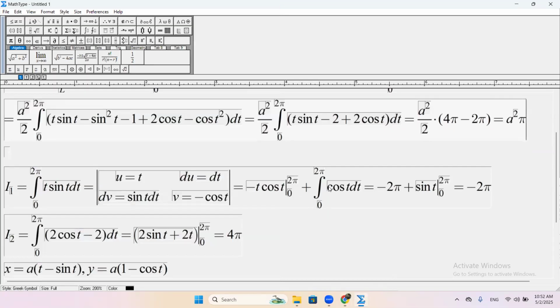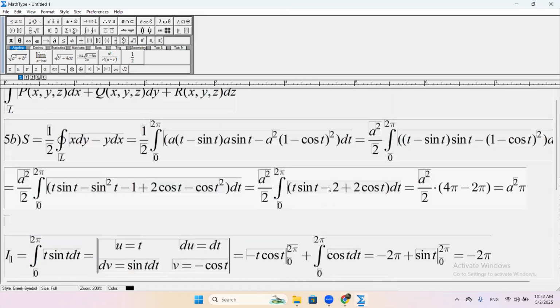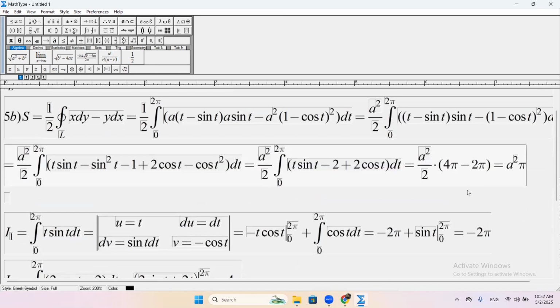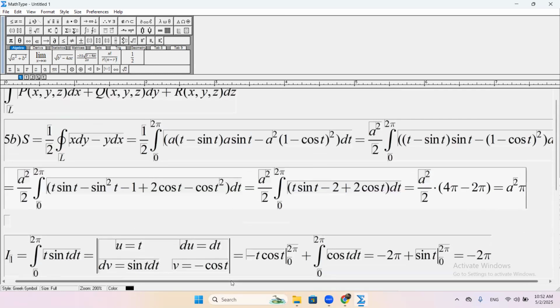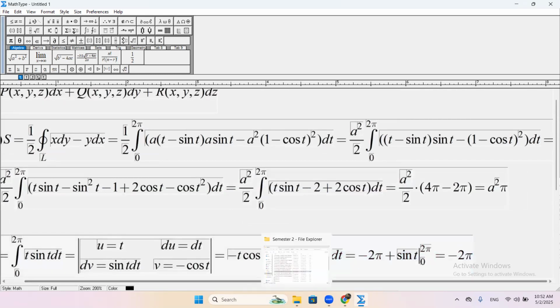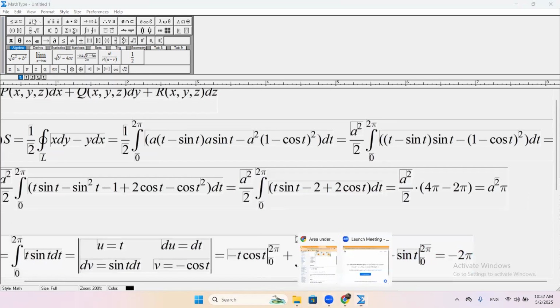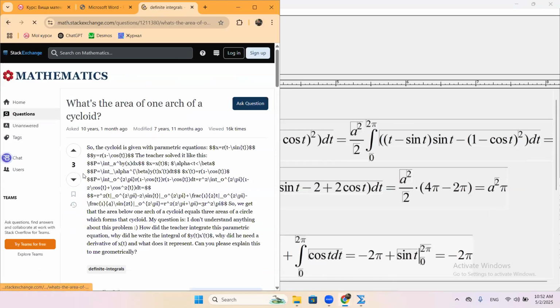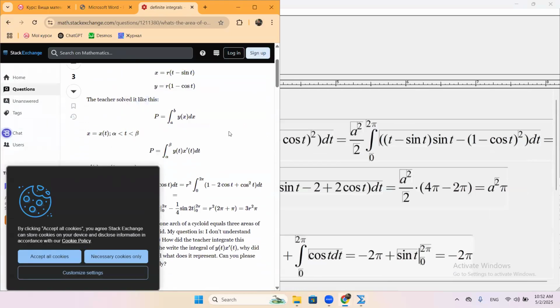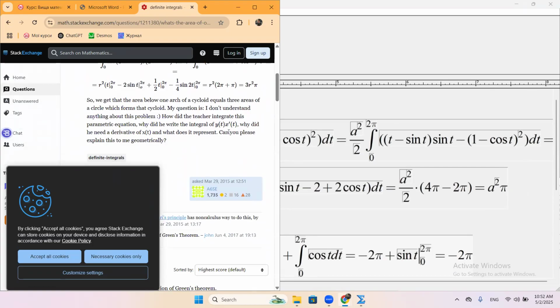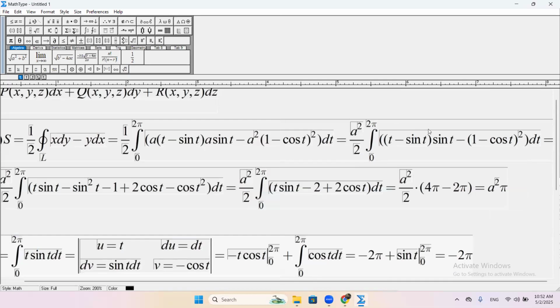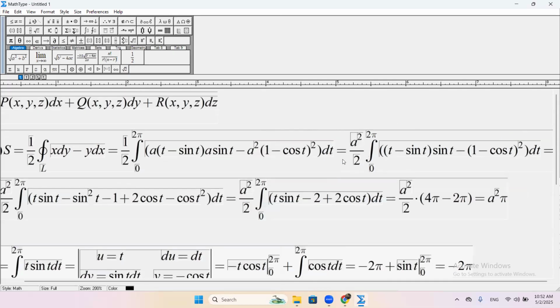So it seems that we missed something. Let me check other resources. Three. Why 3? Okay, now let me double check it.